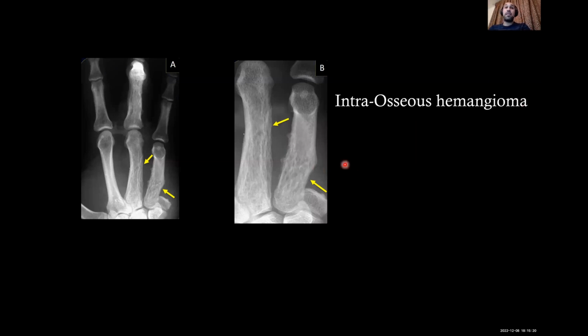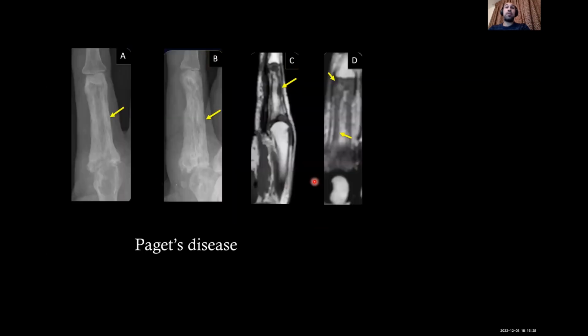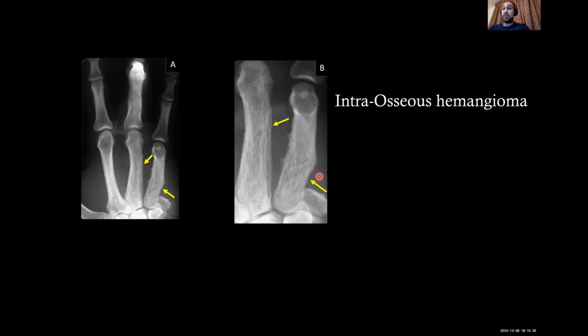Okay, this intraosseous hemangioma, you can see the striation and the large soft tissue component, and in the MRI you can find associated soft tissue components. But for me, it is a diagnosis of exclusion. Okay, you have to exclude other things, and when you find this striation, this means that this is hemangioma.